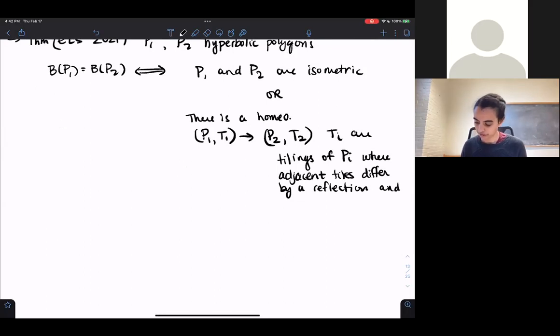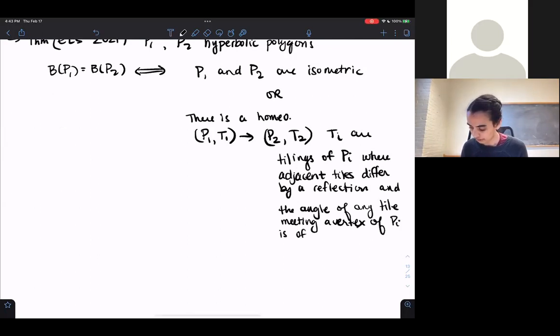And also the angle of any tile meeting a vertex of Pi is of the form pi over 2k for some integer k.